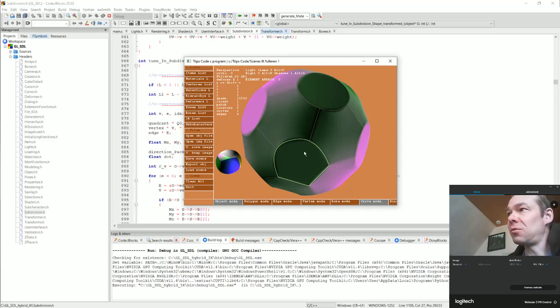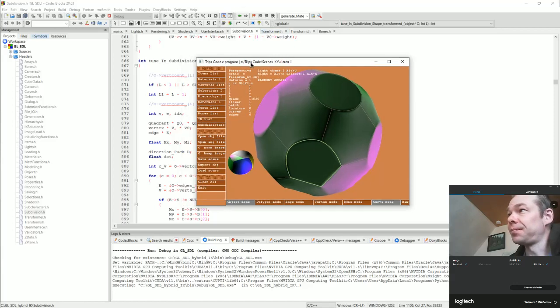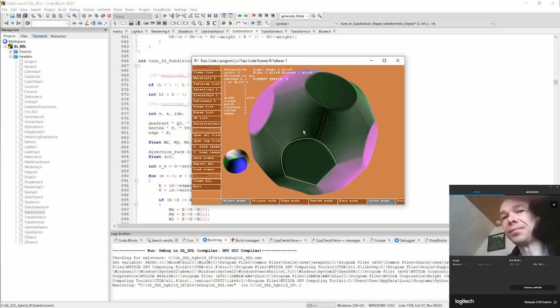But if I talk about my program here, those subdivisions cannot use such arrays that have holes in them, because they use compacted arrays where the next subdivision level communicates to the previous subdivision level.